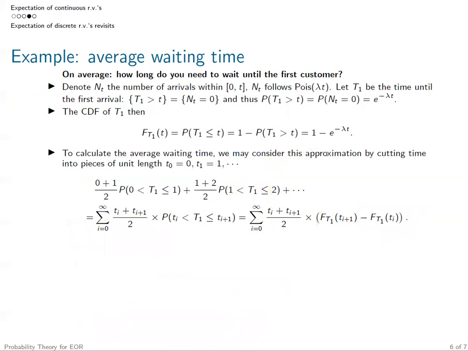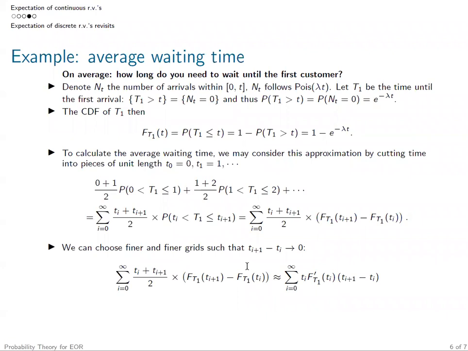So let's consider another approximation. Now we use this product to approximate the difference. And if we let t_i plus 1 minus t_i no longer equal 1, but be smaller and smaller, then we can simply use t_i to approximate the middle value, because now t_i plus 1 is roughly close to t_i.